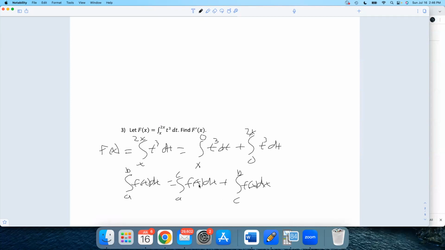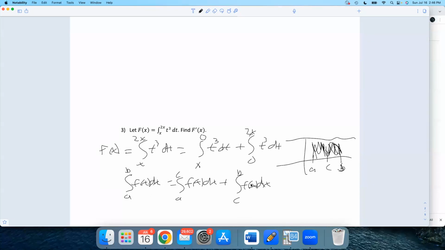We're allowed to split up integrals, and typically when we do that, the number c here will be someplace in between a and b. So what this says, if c is in between them, is under my curve here, this area plus this area equals the total area.